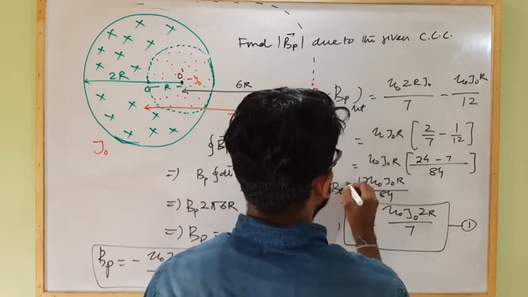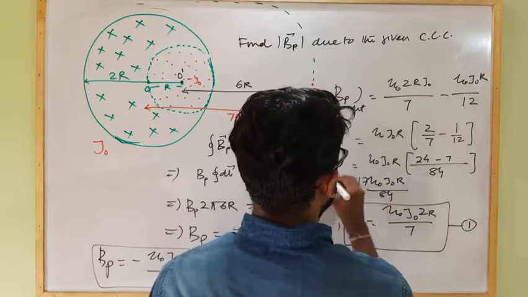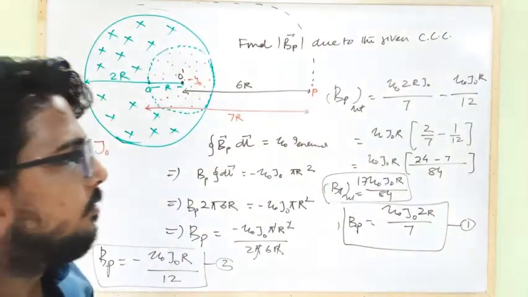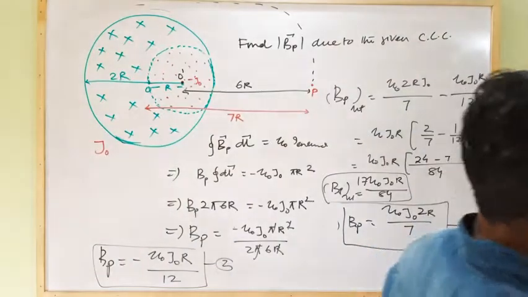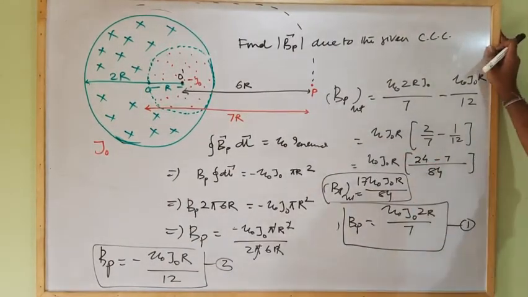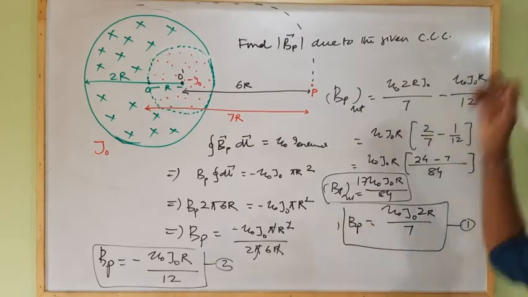So B at P net equal to how much? 17 mu naught j naught r by 84. Clear? So this is how we can find out the net magnetic field strength at point P.